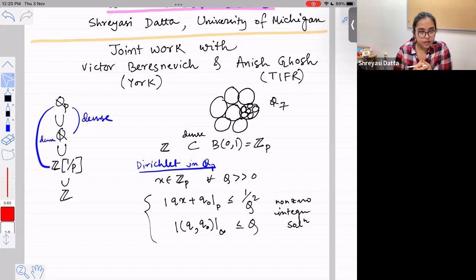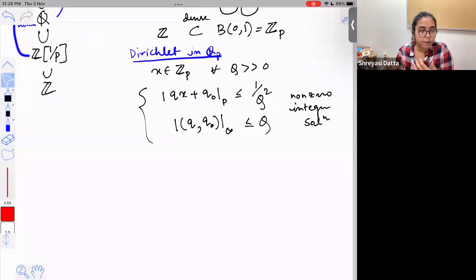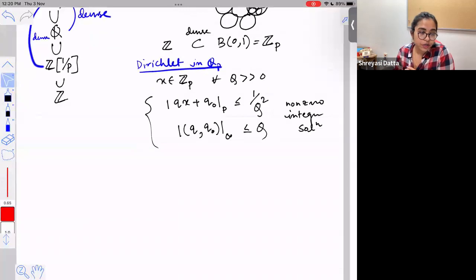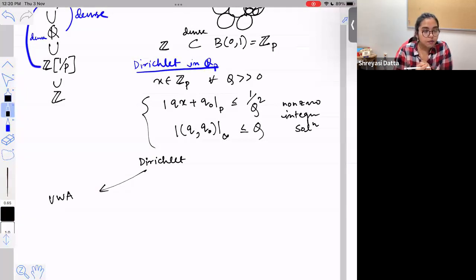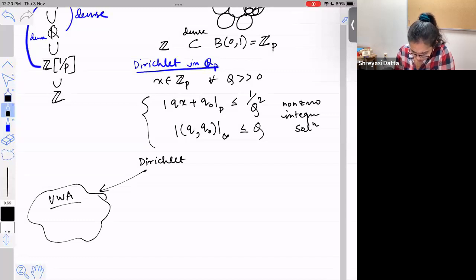Okay, now that we know Dirichlet's theorem, you can also do it in Q_p^n. You can talk about all sorts of number theoretic objects that people are generally interested in. From Dirichlet's theorem, you can define very well approximable vectors, and more generally Dirichlet exponents.